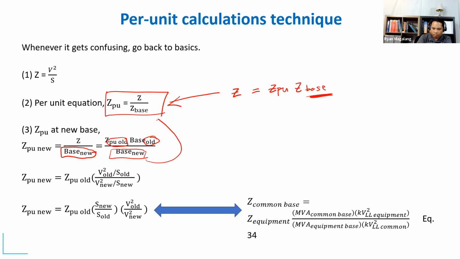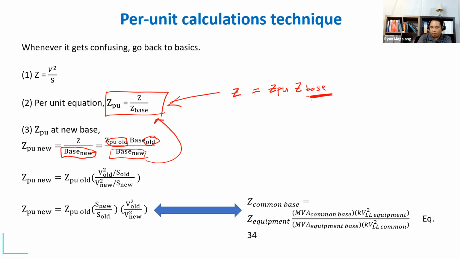Essentially coming back to this idea here, except now this time you have this old base and new base. And you have to do that because you have to go back to the ohmic value of your impedance.